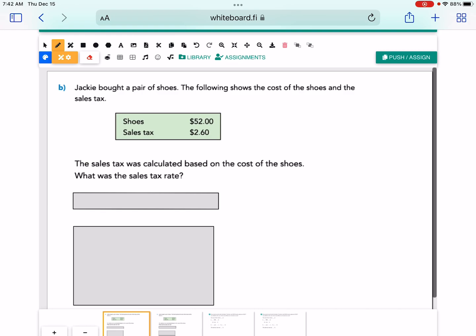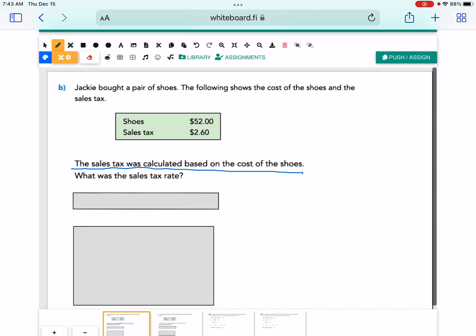Well, whenever you figure out a percentage, there is something that you need to know first. And that something is, what is the base? What is 100%? And we're told in this line right here that the sales tax was calculated based on the cost of the shoes.